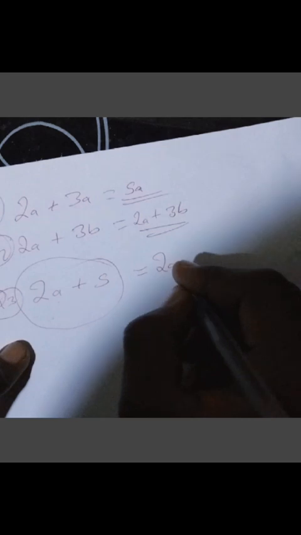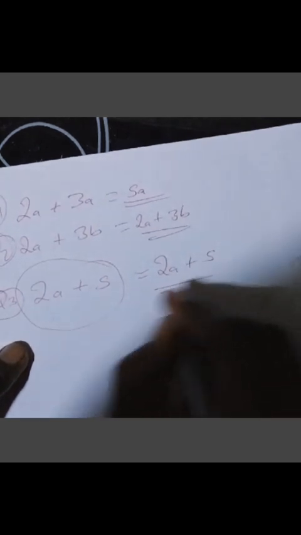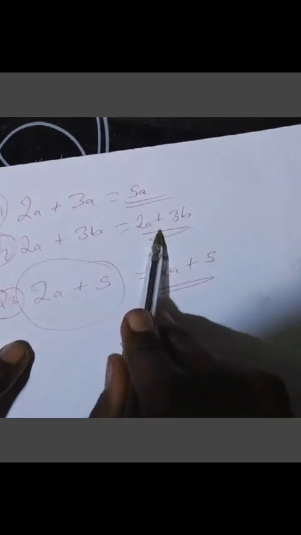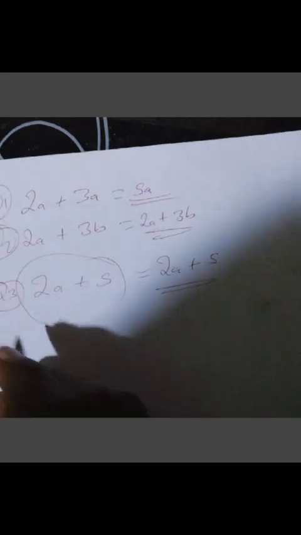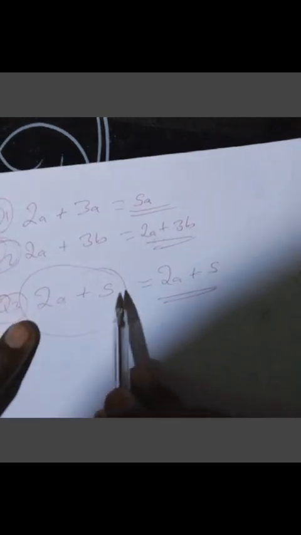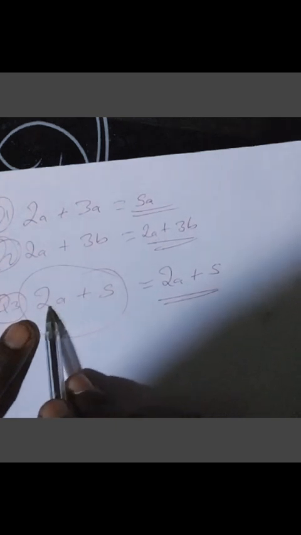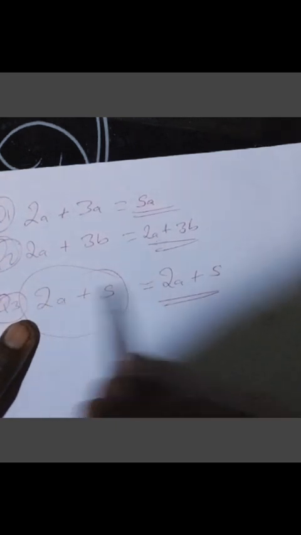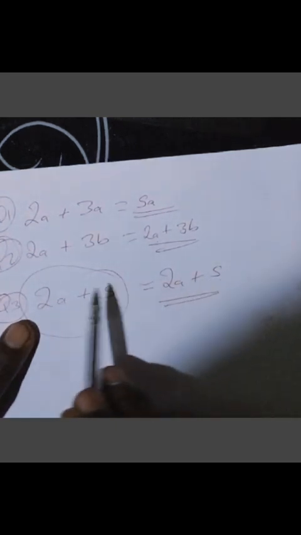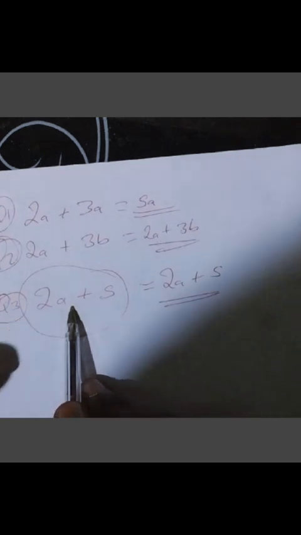That's wrong. The answer should be 2A plus 5. Same property as well. If you have a letter and a number without any letter, you have the same answer as it is in the question.